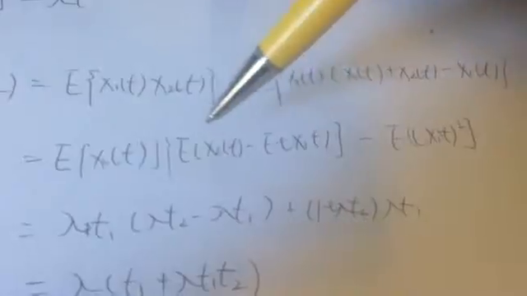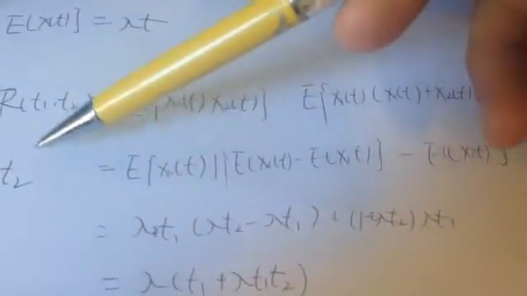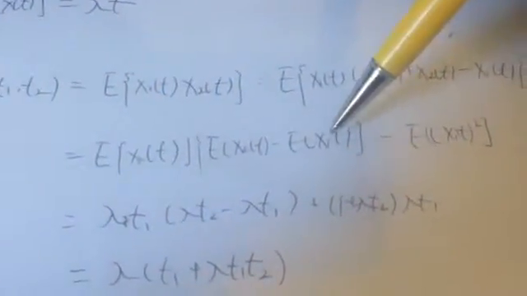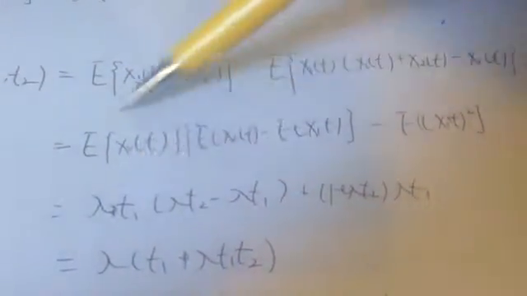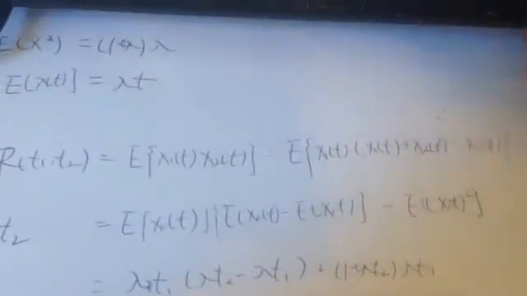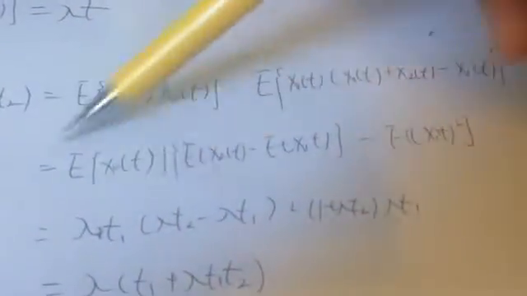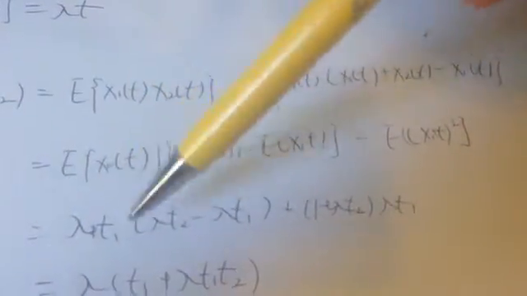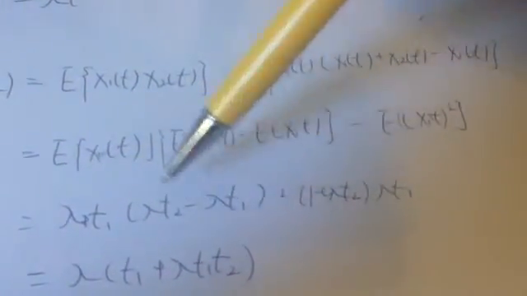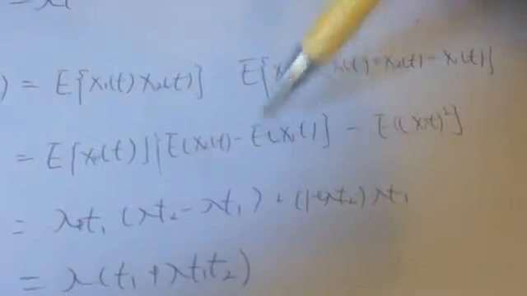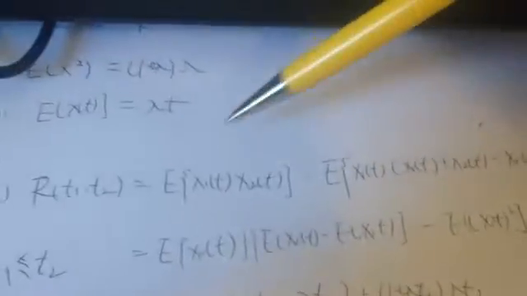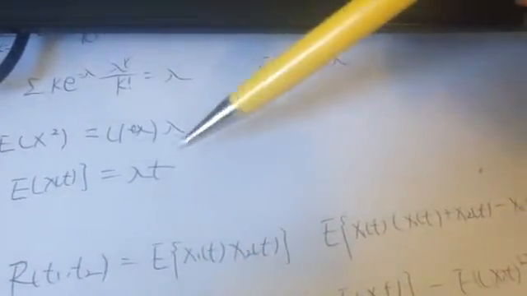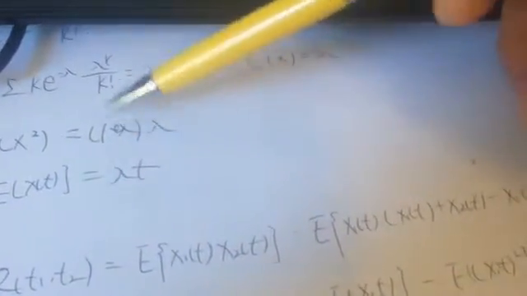So here, because t2 is greater than or equal to t1, according to the A part, this expected value is lambda times t1, and this value equals lambda times t2 minus lambda times t1, and this one is lambda t1 times 1 plus lambda t1.